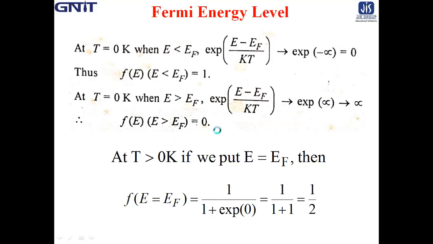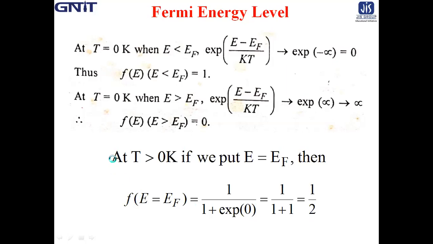Now at T greater than 0K, if we put E equal to EF, then f(E) equals f(EF) equals 1 by 1 plus exponential 0, equal to 1 by 1 plus 1, equal to half.